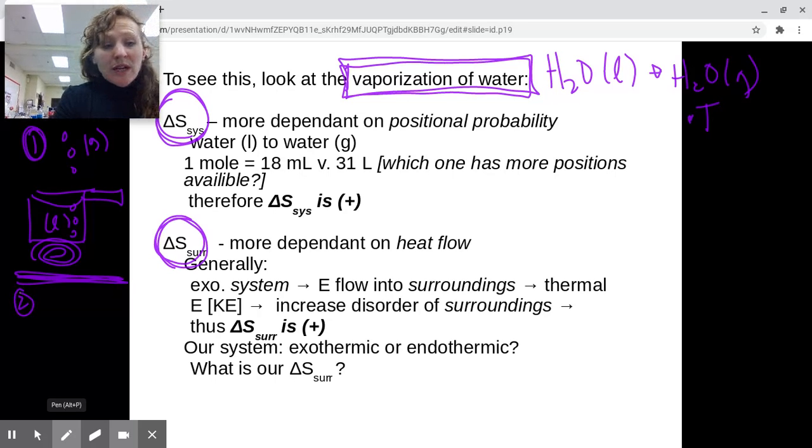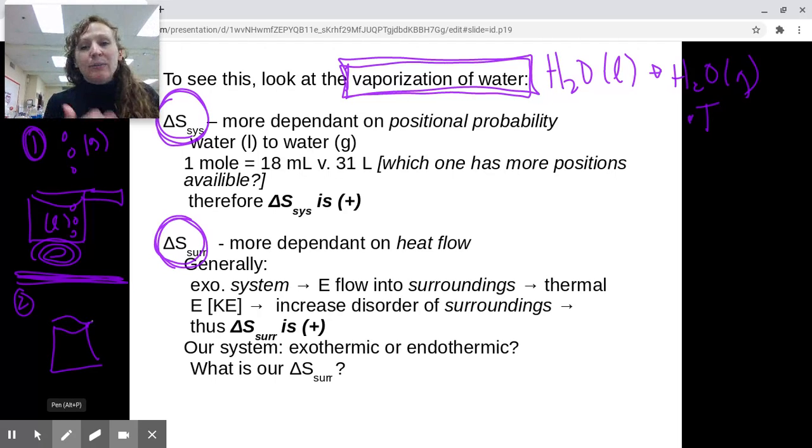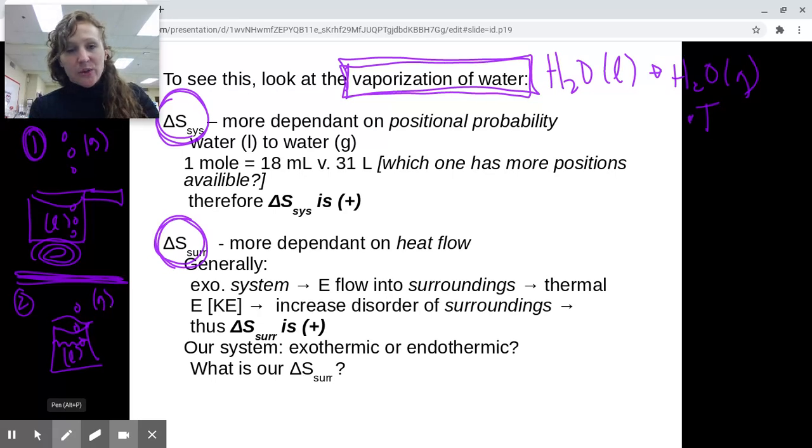Scenario two is a cup of water sitting on the counter. Over time, if you leave a cup of water on the table, what's going to happen to it? Eventually, the liquid molecules are going to escape into gaseous molecules. That would be the evaporation of water, right? And that is not dependent on temperature.